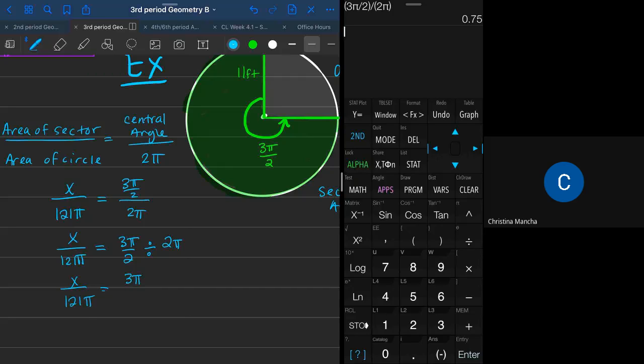Now, what's happening here is I'm going to have x over 121 pi, so this side is not changing, but what happens is you keep your first fraction, and then you change to multiplication, and you flip your second one to be 1 over 2 pi.